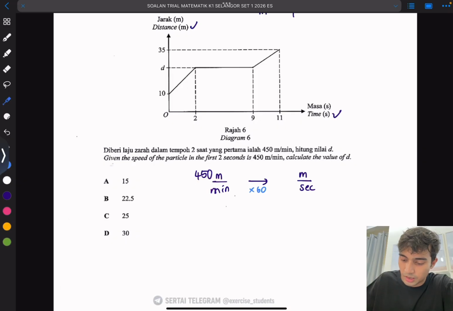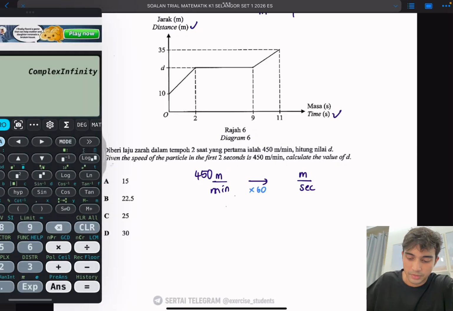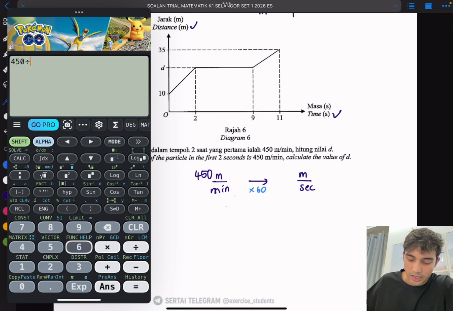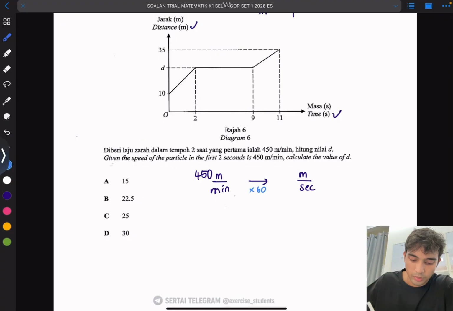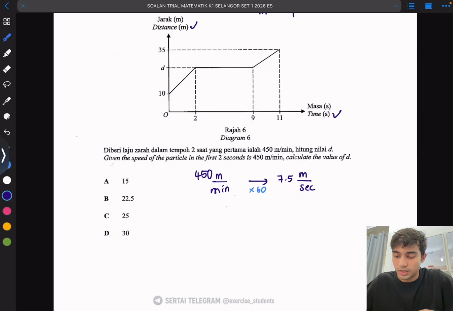Because here there is no conversion, so we can just times 1. And this is divide, so we have to divide by 60. 450 divide 60, we get 7.5 meters per second. Okay, this is how to convert. So our gradient here is 7.5.